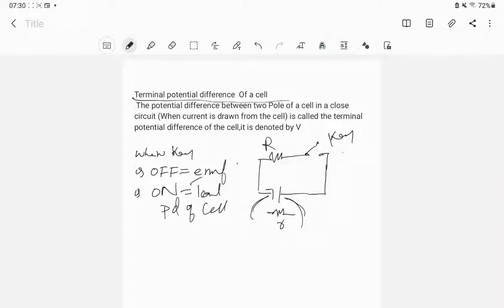Electromotive force means when the cell is not in use, it is in switch off position. When the cell is in switch off position, the potential difference is called EMF.